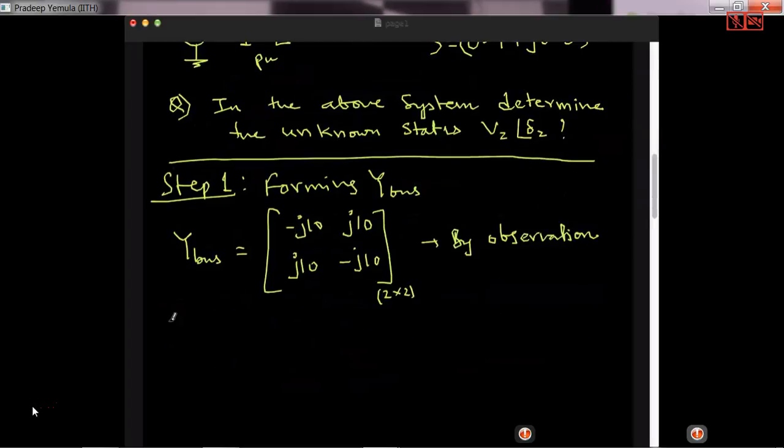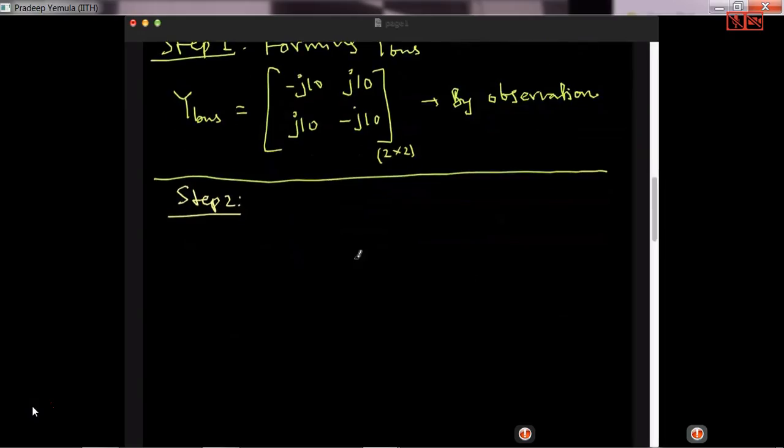So what is step 2? In step 2, we write down the unknowns and the corresponding equations.